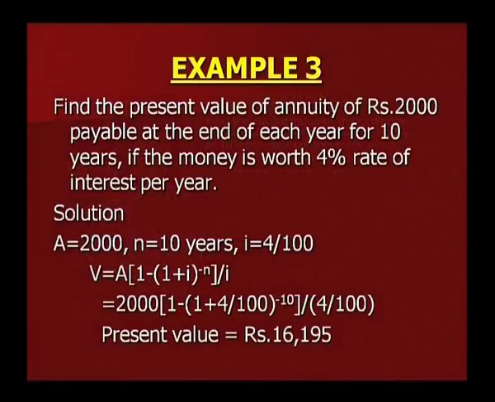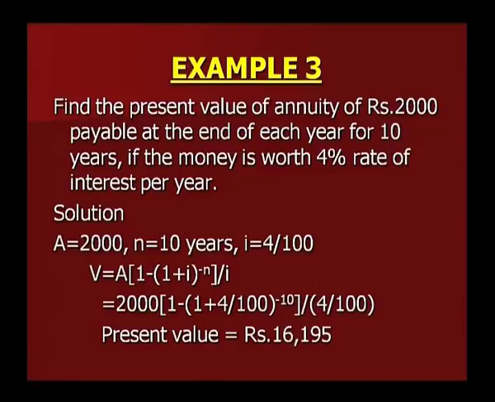Example 3. Find the present value of an annuity of rupees 2000 payable at the end of each year for 10 years if the money is worth 4% rate of interest per year. Solution: A is equal to 2000, n is equal to 10 years, i is equal to 4 upon 100.